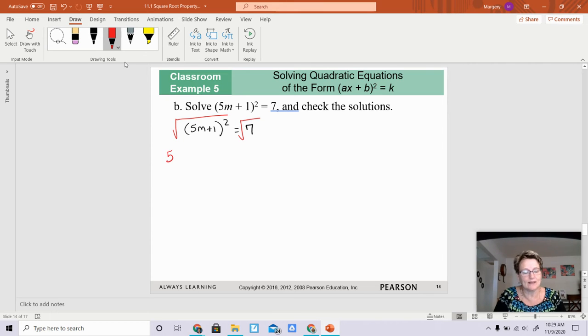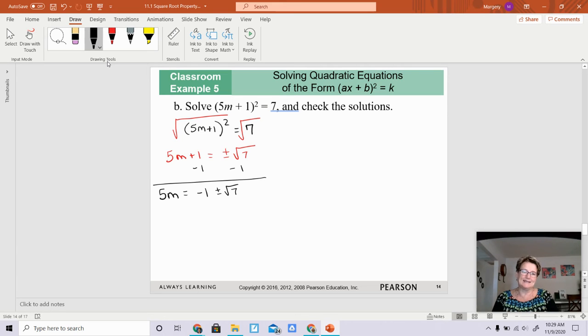So I'm left with 5m plus 1 equals plus or minus the square root of 7. Don't forget the plus or minus square root of 7. My goal is to get 5m by itself, so I'm going to get rid of the 1 by subtracting it. Now I'm left with negative 1 plus or minus the square root of 7.